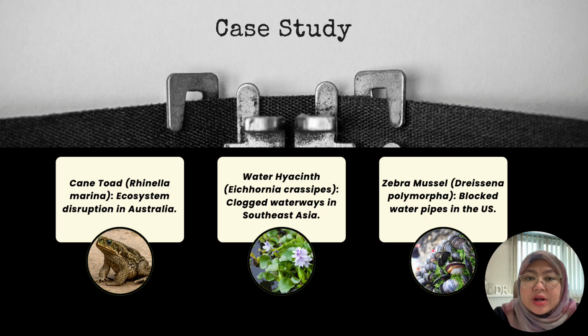Here are some real-world examples. The first is the cane toad, scientific name Rhinella marina. This toad disrupted ecosystems in Australia. The second case study is the water hyacinth, Eichhornia crassipes. This water hyacinth chokes waterways in Southeast Asia.